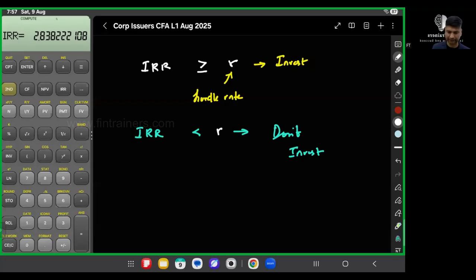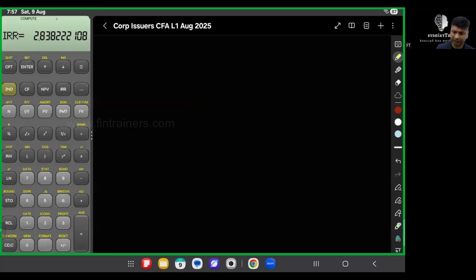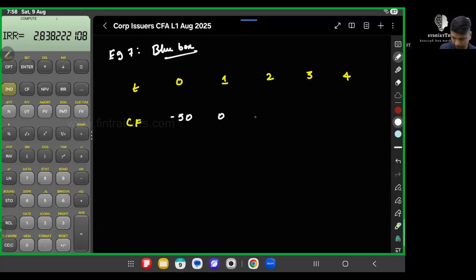All right, I'm going to ask an IRR question. This is from your CFA curriculum, example 7, blue box. This is the time and the cash flow. Time is 0, 1, 2, 3, 4, and the cash flows are minus 50, 0, 3, 40, and 25.